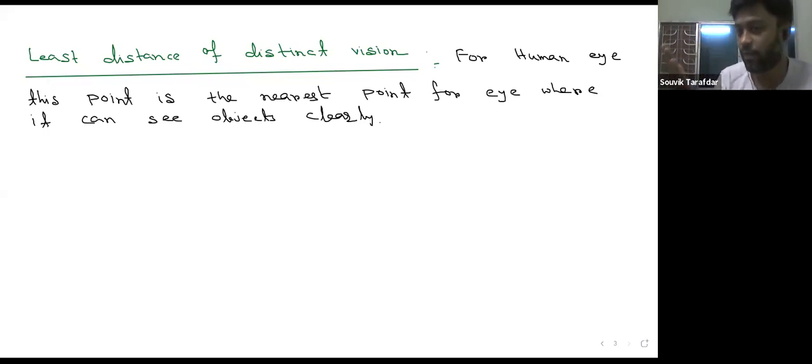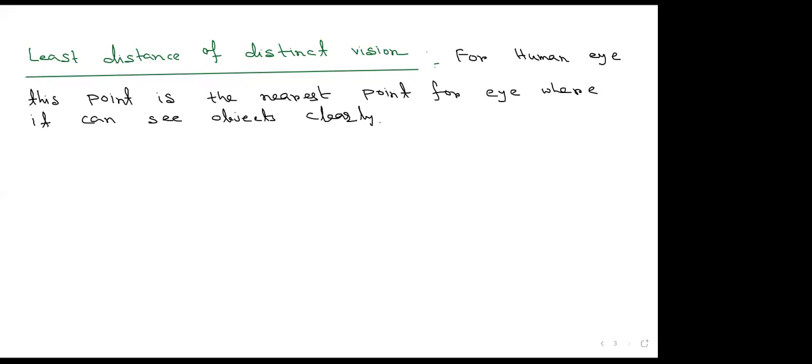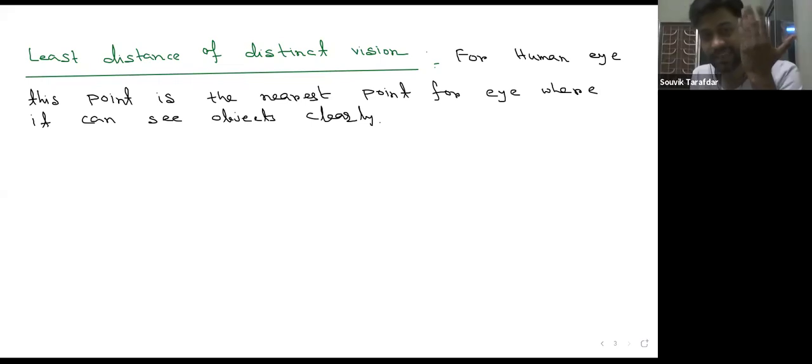Suppose you bring a book nearer like this, will you be able to read the words? The words will become blur, no? Yes, sir. It means the book came even nearer than the least distance of distinct vision.